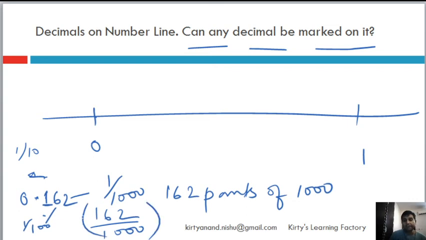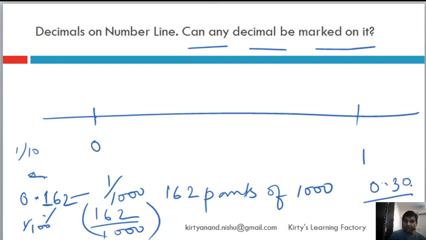A great way of converting a decimal into a fraction is this. For example, there is a decimal 0.3. You write 1, and then after the decimal, count the number of digits and ignore all the zeros.